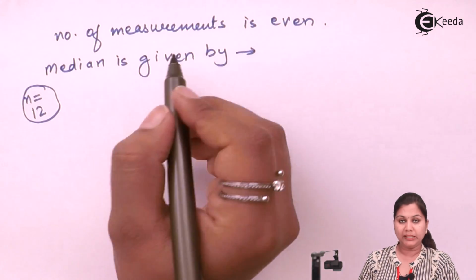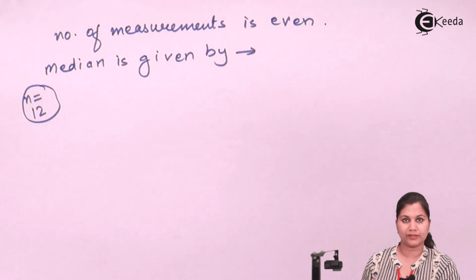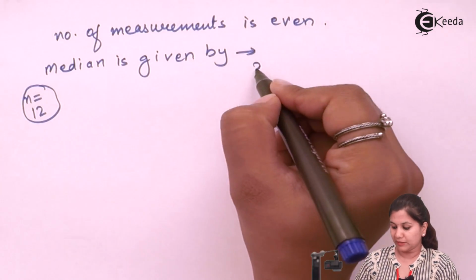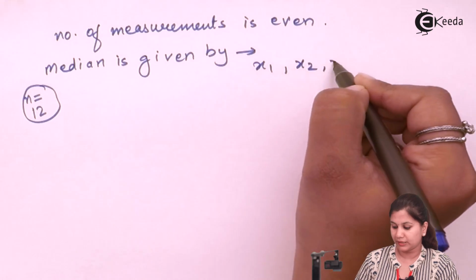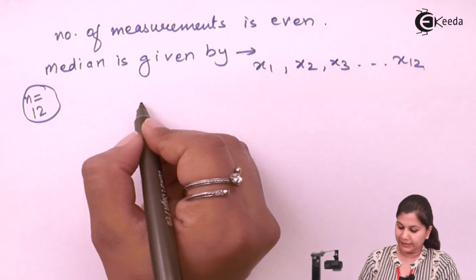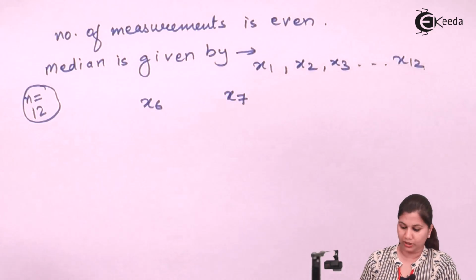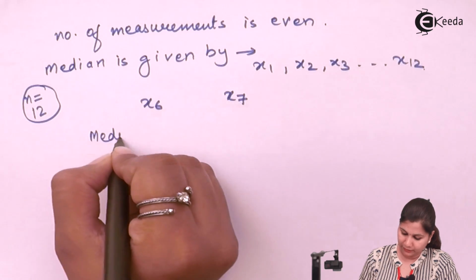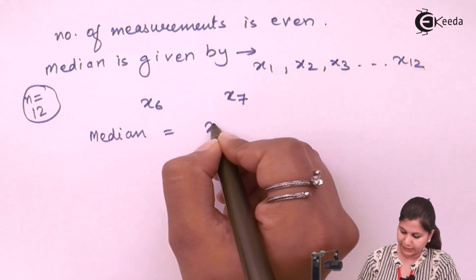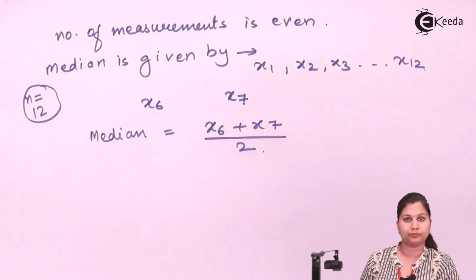In that case, the median will be the average of the middle two readings. Among x1, x2, x3 till x12, the two middle readings will be x6 and x7.